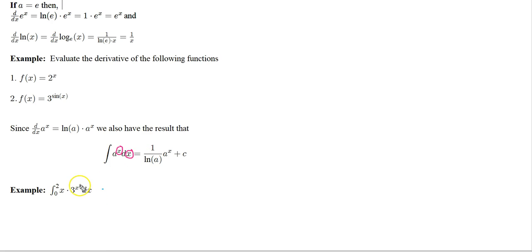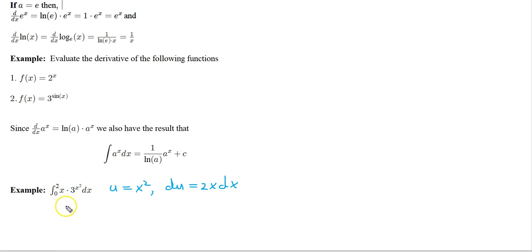I have an x and an x squared here, so we're going to have to use a substitution here. So for this problem, we're going to let u equal, well, let's try letting u equal the exponent right here. In which case then du is going to be 2x dx.